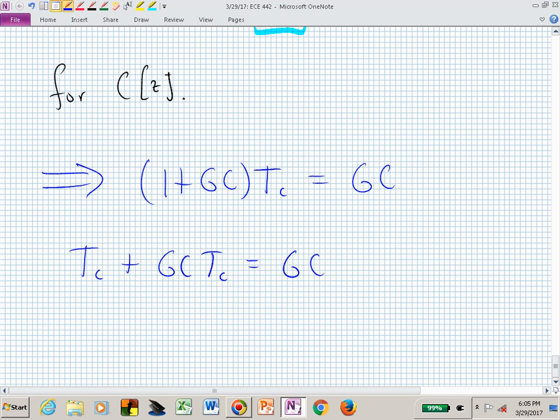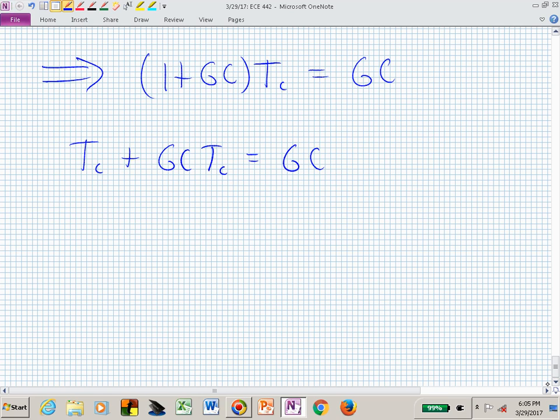Then I can combine my terms that involve C, so that I now have T sub C is equal to GC minus GC T sub C, or I can factor out a G on the left, and let me factor out the C on the right, so that I now have 1 minus T sub C, C.